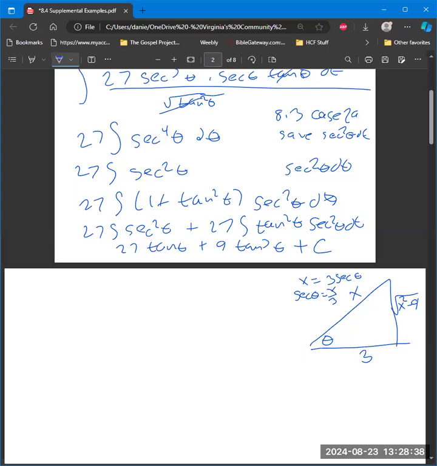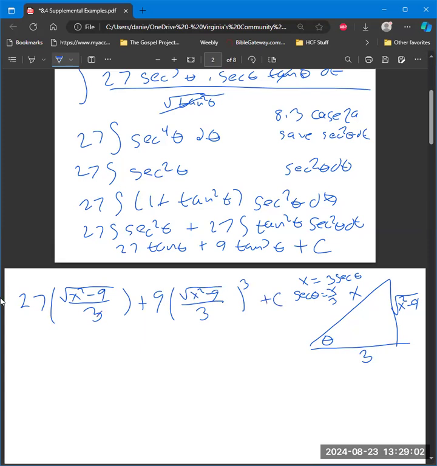That's where that square root came from. There's my theta. And so I have 27 tangent, which is square root x squared minus 9 over 3, plus 9 times tangent to the third, x squared minus 9 over 3, plus c, like that.